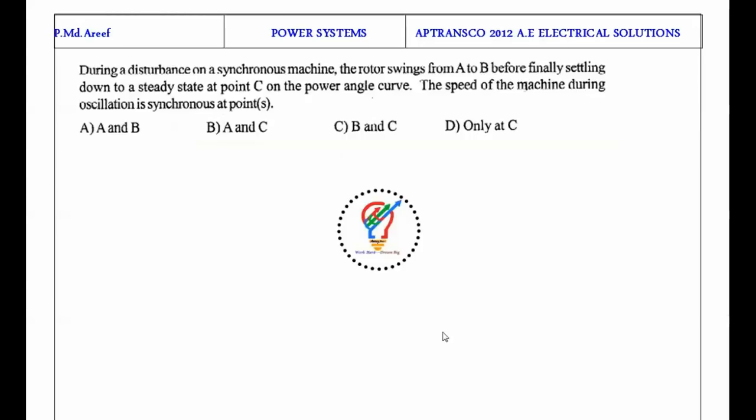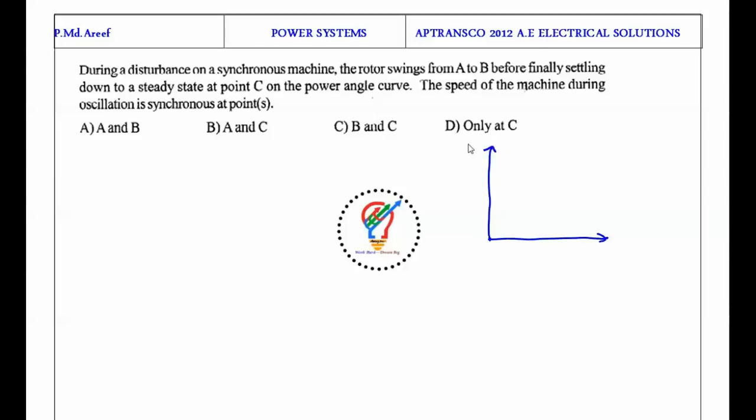Next question. During a disturbance on a synchronous machine, the rotor swings from A to B, finally settling down to a steady state point C in the power angle curve. The speed of the machine during the oscillations is synchronous at points. So we will draw the curve. Power angle curve we will draw first.